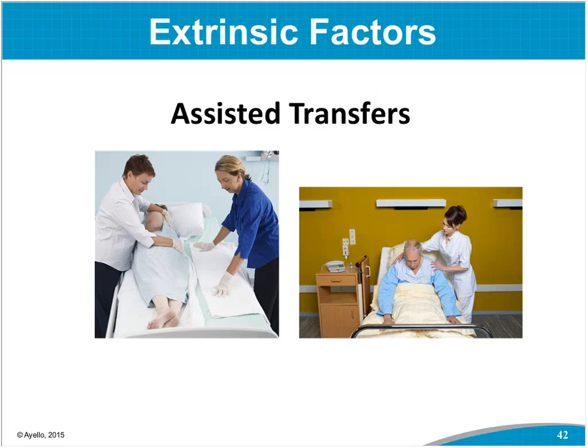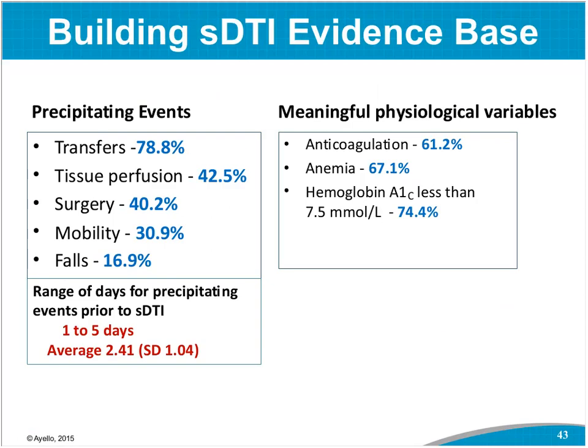And what about transfers? As we move patients around, as we move them up in bed, as we do micro shifts, for example. Here's some research published by Jeremy Honecker and his colleagues that looked at what I call situational awareness, precipitating events. Look at the number of people that developed a deep tissue injury, and the precipitating event was transfer, 78.8%, tissue perfusion, surgery.